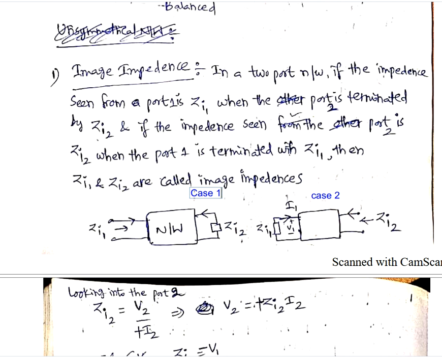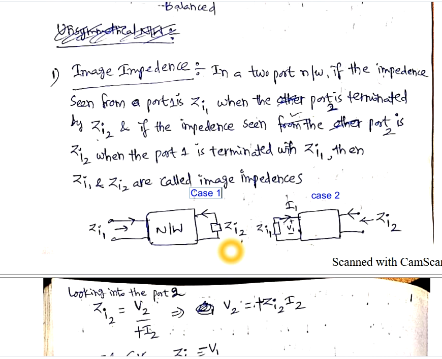Whereas in case 2 port 1 is terminated with Zi1 and port 2 is seen with an impedance of Zi2. If this happens for any network, those Zi1 and Zi2 are called image impedances of that particular network. That means the image impedances are defined based on two different cases. Why they are defined like this we will understand in the other lectures.